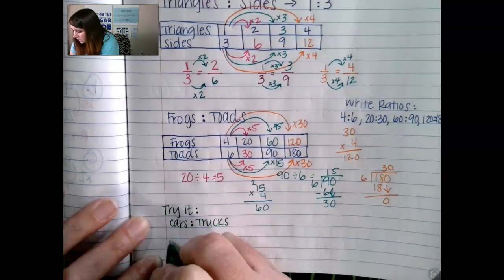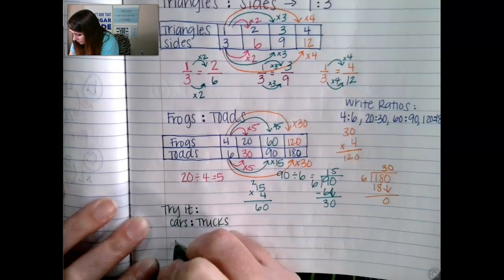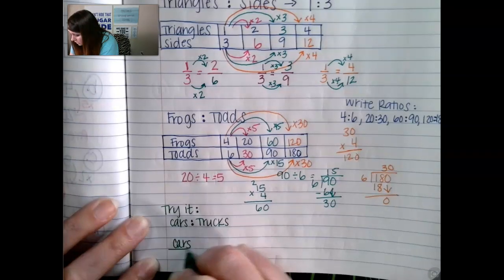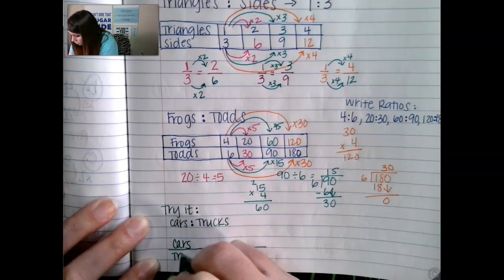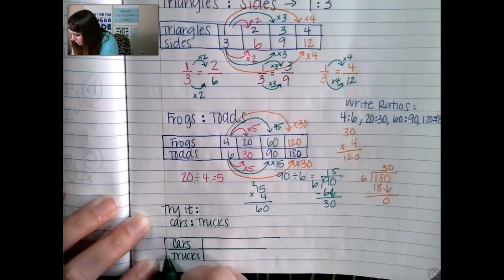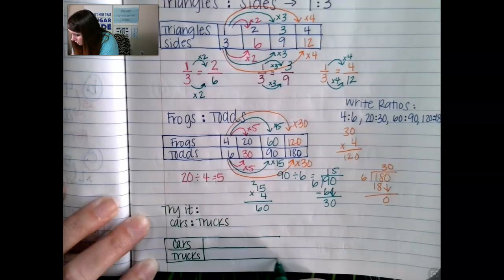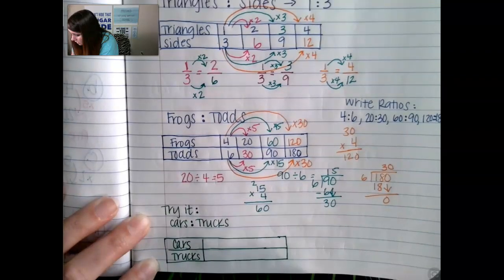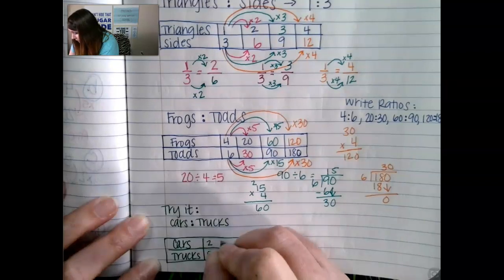And we're going to start with a ratio table that looks like this. Cars, trucks on the bottom because trucks come second. So cars first, it goes on the top, trucks second. All right. The numbers that they give you to start with are 2 to 5.